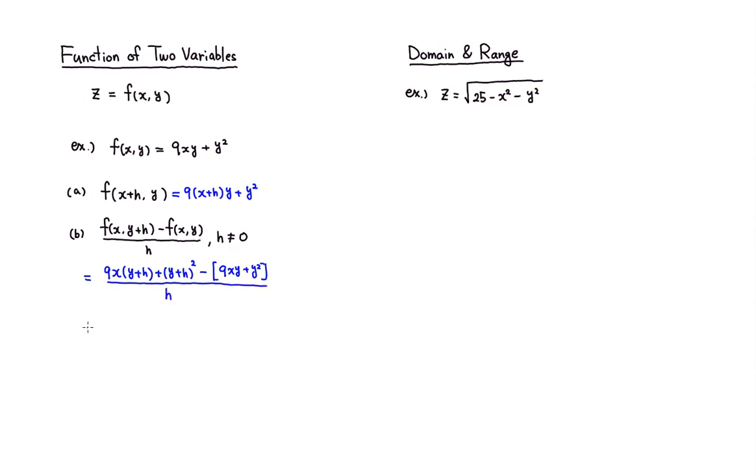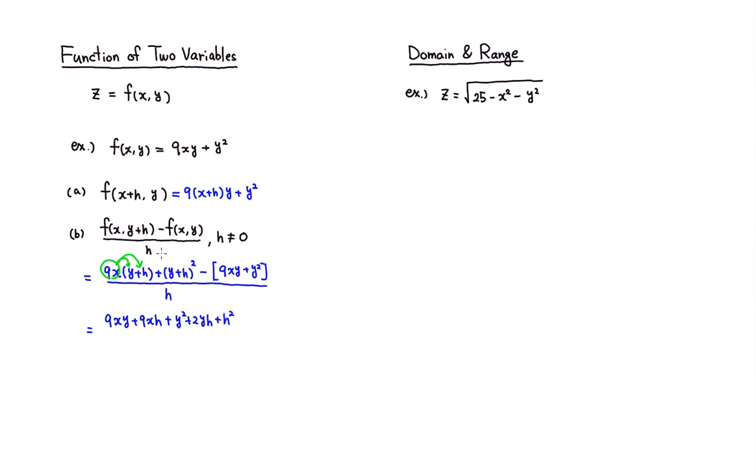Let's simplify. I'm going to distribute 9x to y and h. So we're going to get 9xy plus 9xh plus, if you multiply out, you're going to get y squared plus 2yh plus h squared.